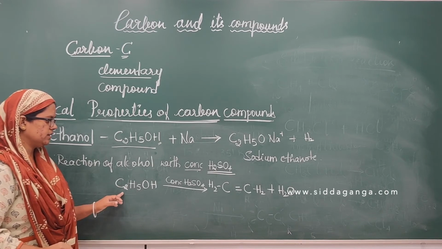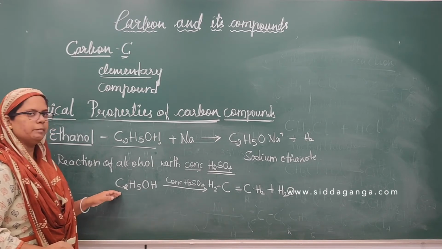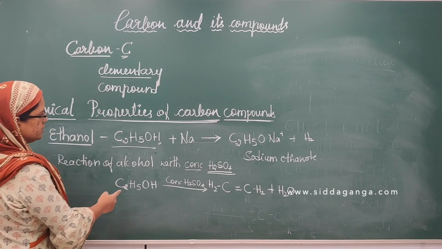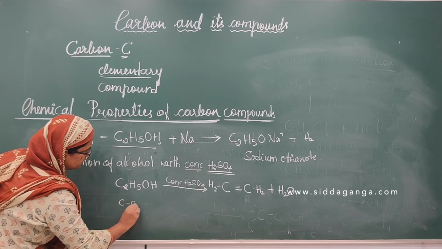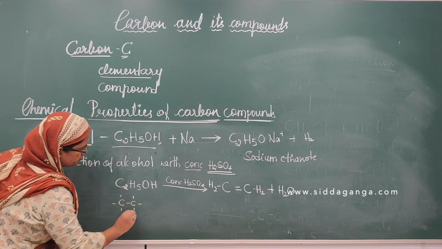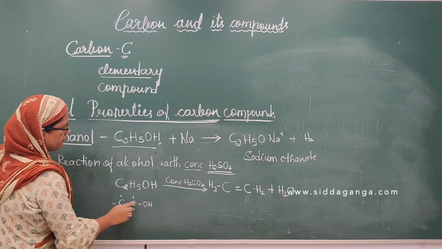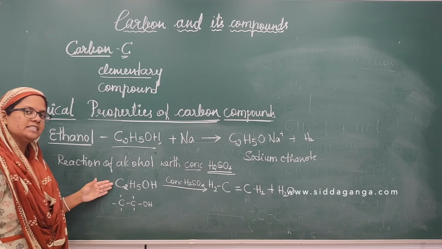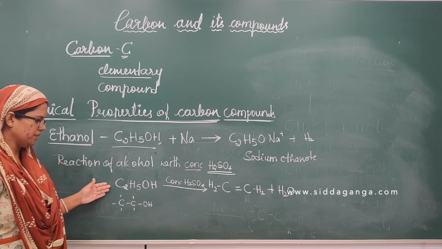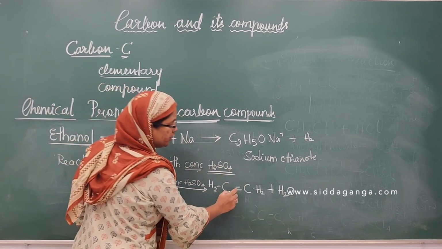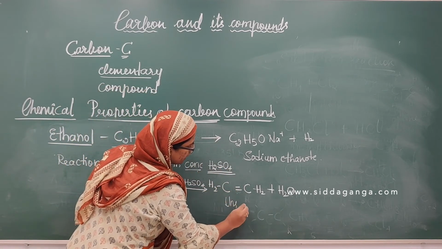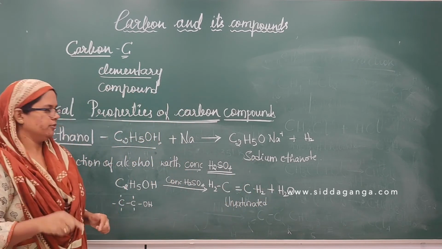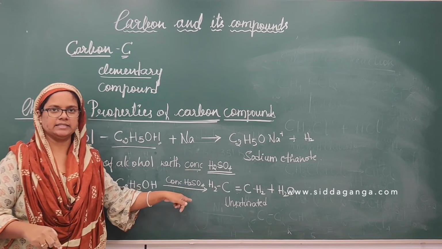This is an unsaturated compound, because here we find a double bond between the carbon atoms, unlike ethanol, which has none. So saturated compounds can be converted into unsaturated hydrocarbons in the presence of concentrated sulfuric acid.